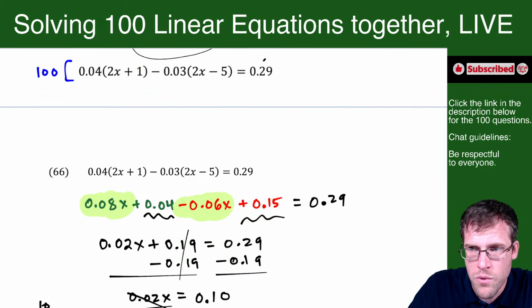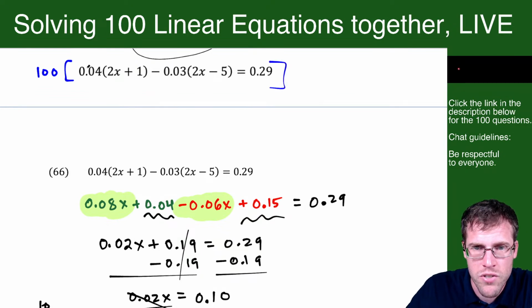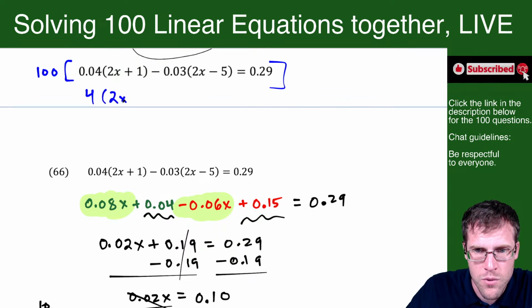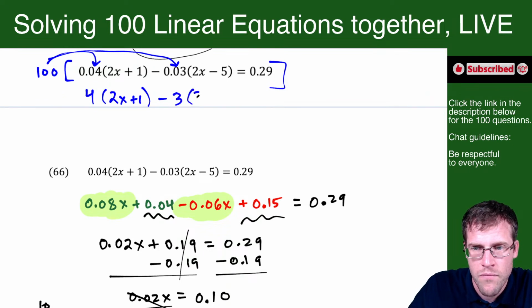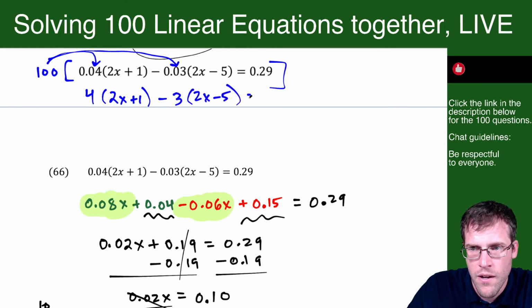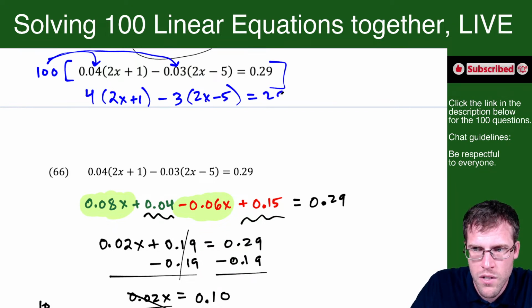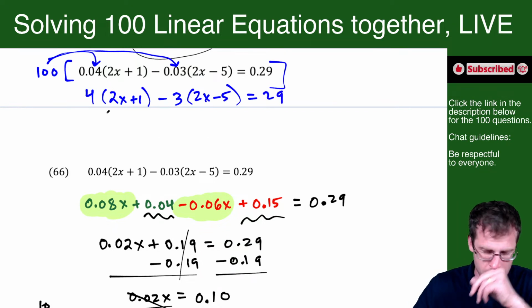Now, the reason why I'm doing this is if I do 100 times 0.04, that's just 4. So I'd have 4 times 2x plus 1 minus, so that's this times this. Then I'll have 100 times minus 0.03, which gives us minus 3 times 2x minus 5. And this equals 100 times 0.29. The decimal moves 2 to the right to become 29. So you would get this resulting equation.